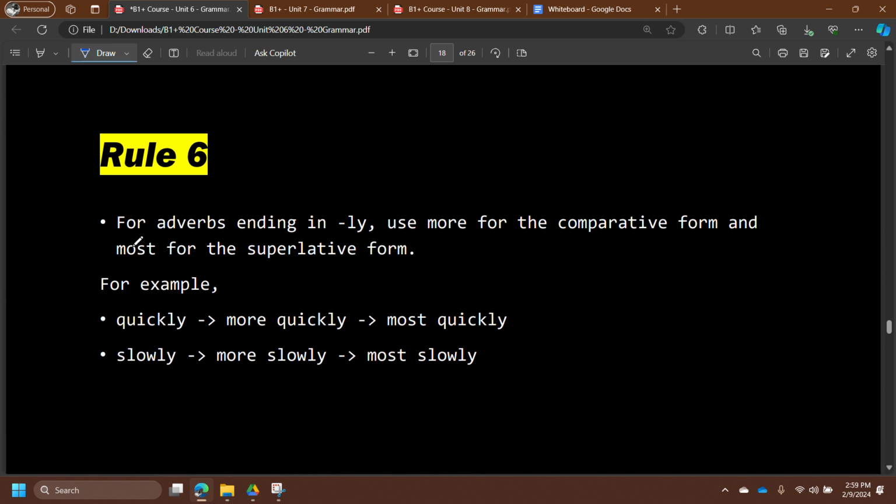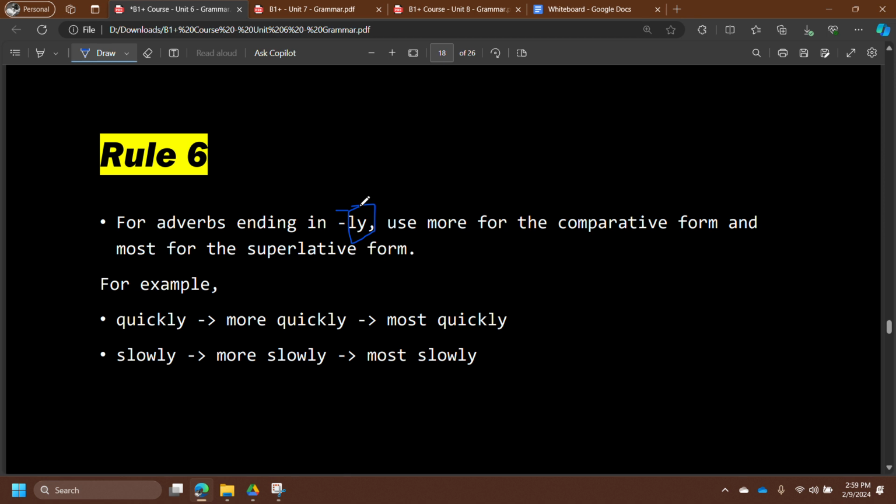Rule number 6 now. For adverbs ending in ly, most of the time they do end in ly, by the way, we use more for the comparative form and most for the superlative form. Even though it ends in y, kind of like the adjectives we talked about before, they don't now follow the adjective rules, okay?